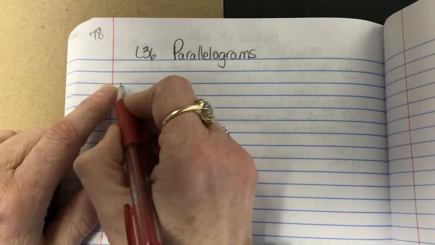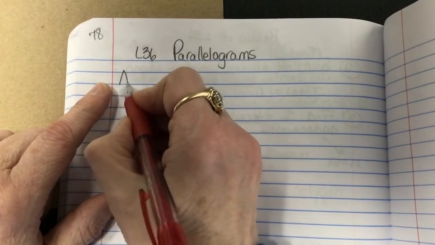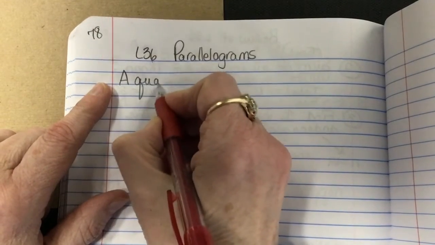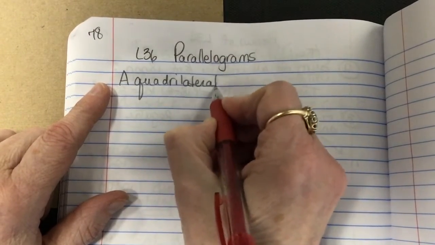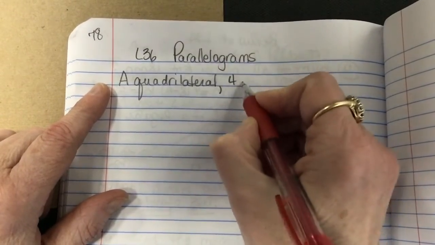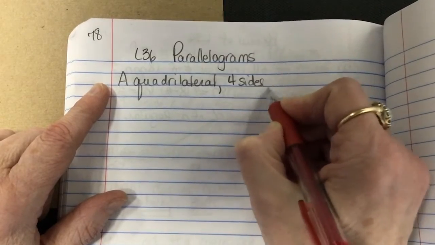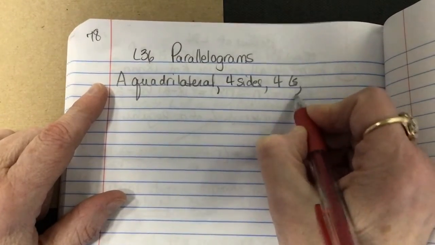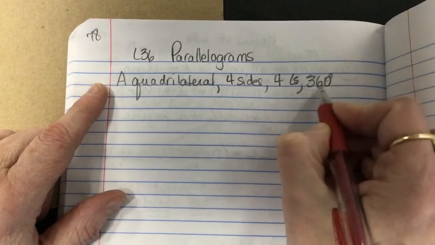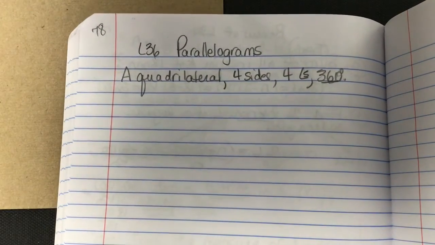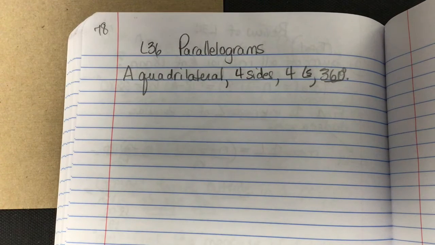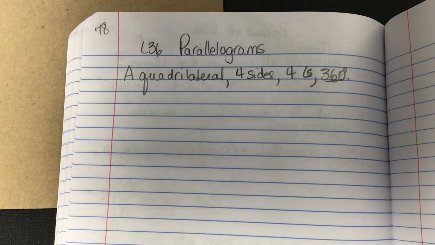Okay. A parallelogram is in the family of quadrilaterals, which means it has 4 sides, it has 4 angles, and it has 360 degrees. You don't have to memorize the number of degrees in an octagon, a hexagon, a dodecagon, whatever.